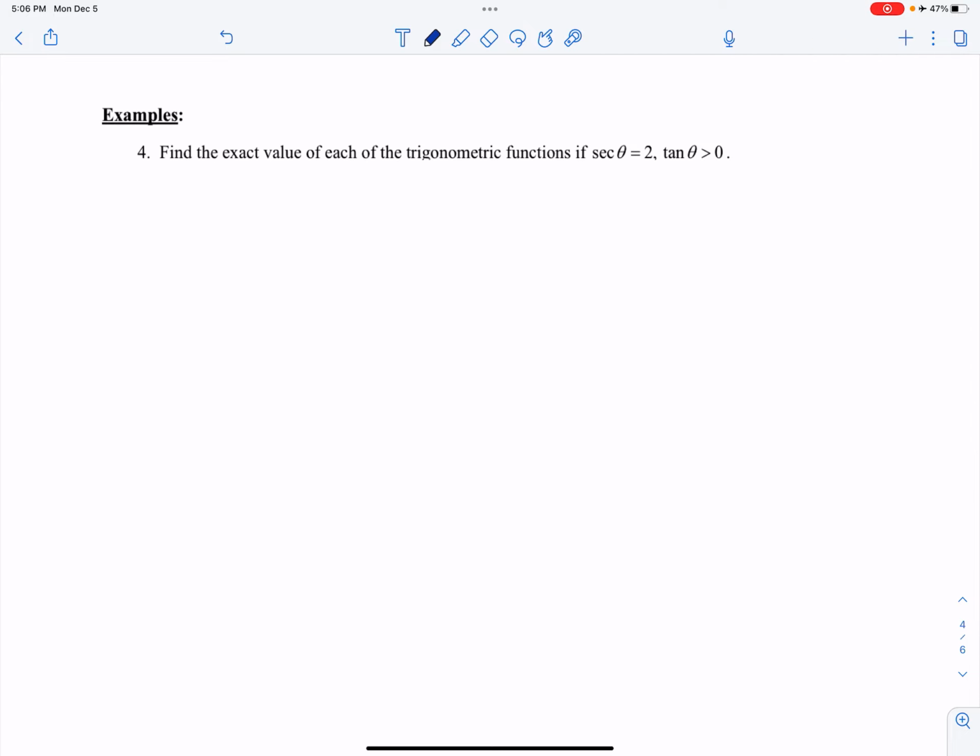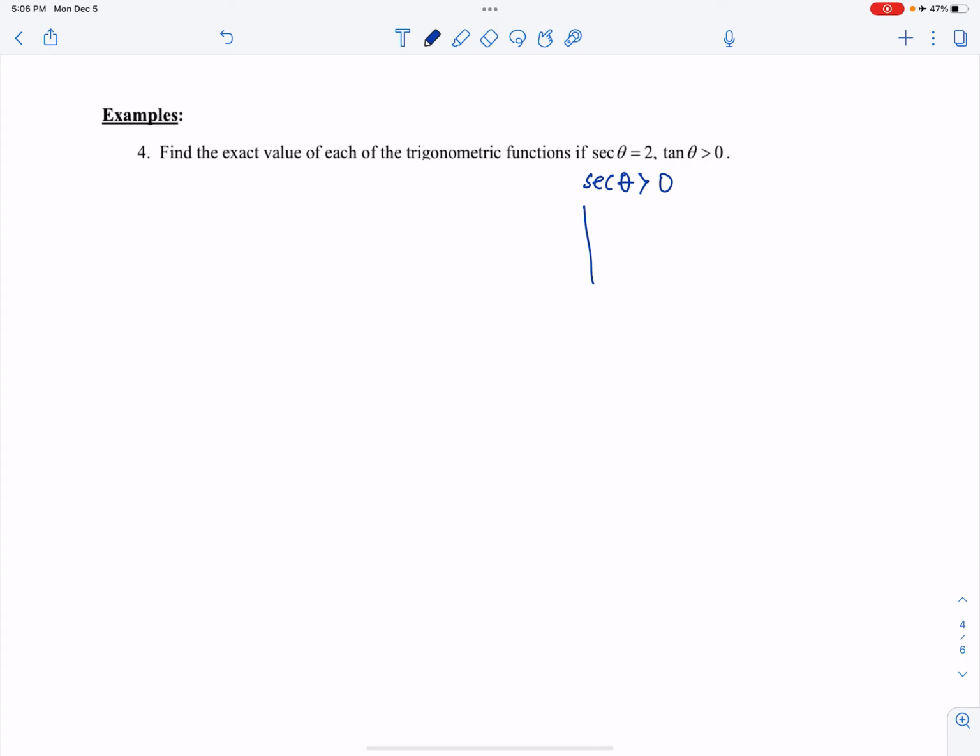Next, we have find the exact value of each of the trig functions if secant theta equals 2 and tangent theta is greater than 0. So if secant theta is 2, that means our secant theta is greater than 0 and our tangent theta is greater than 0.